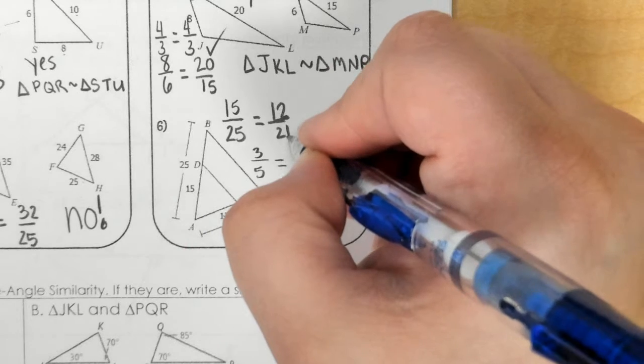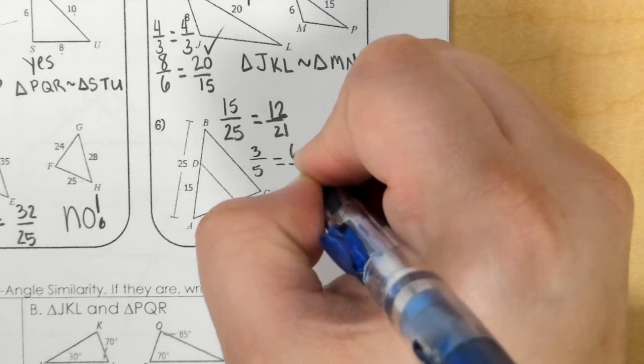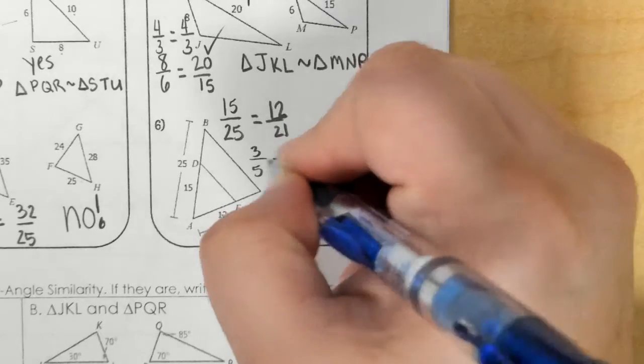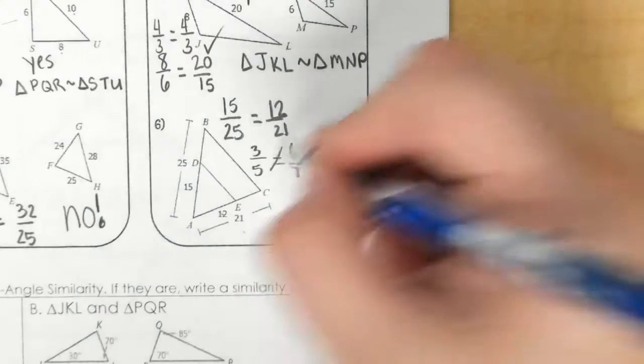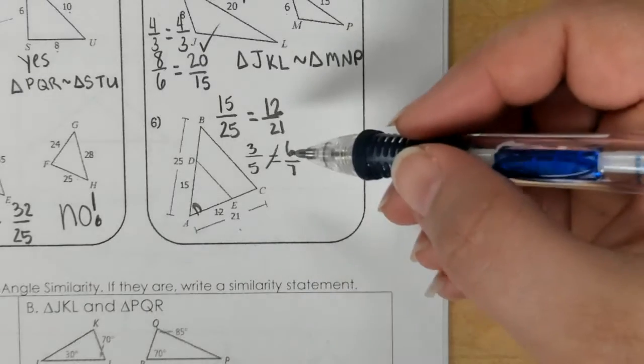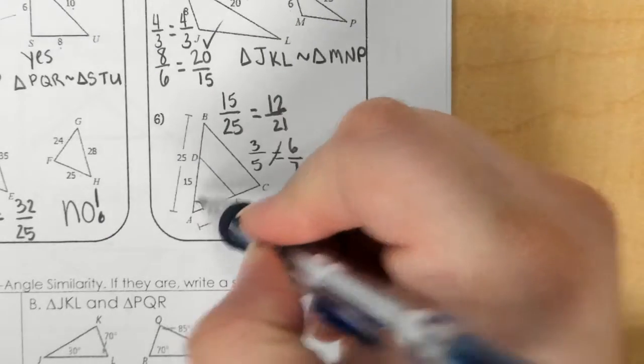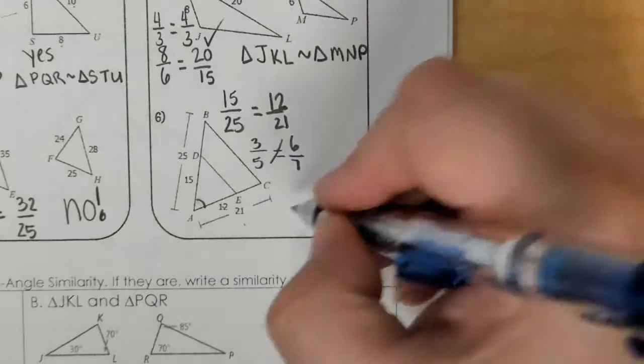And then 3 goes into 12 4 times, and 3 goes into 27 9 times. Well, those are not equal. Even though this angle is congruent to itself, it's reflexive to itself, we have to say no because these sides are not proportional. So no.